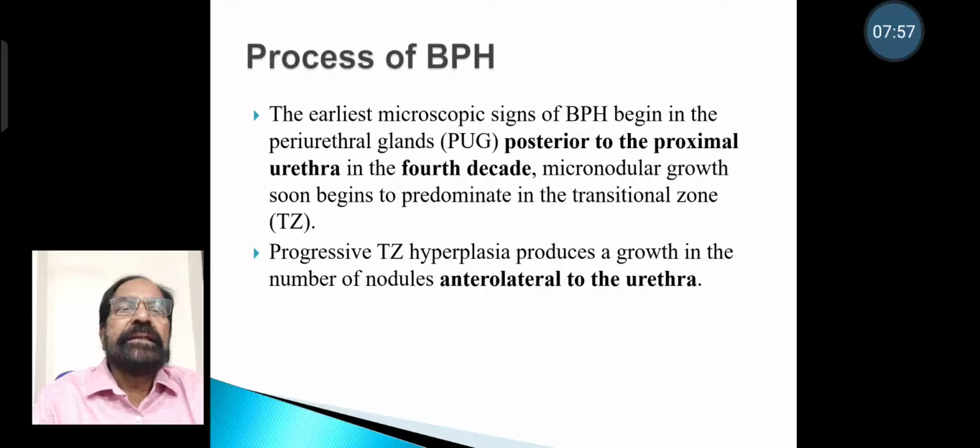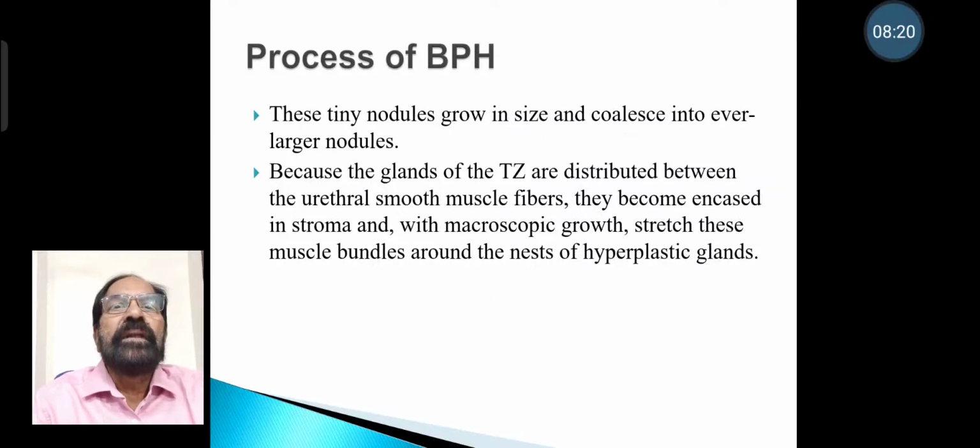In the fourth decade, micronodular growth soon begins to predominate in the transitional zone. Progressive transitional hyperplasia produces a growth in the number of nodules anterolateral to the urethra. These tiny nodules grow in size and coalesce into ever larger nodules.